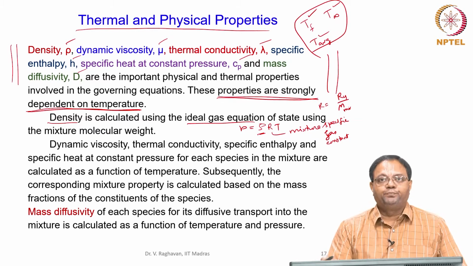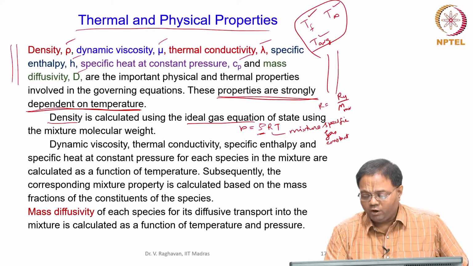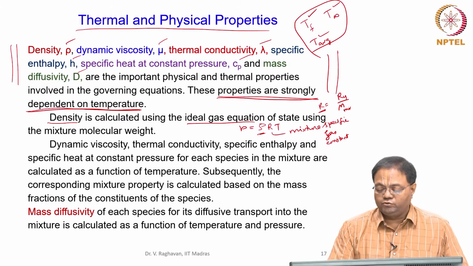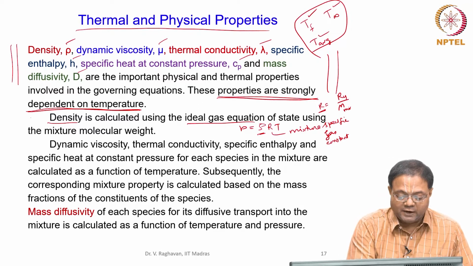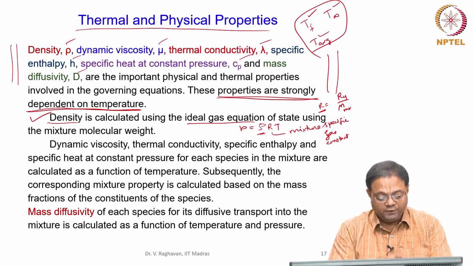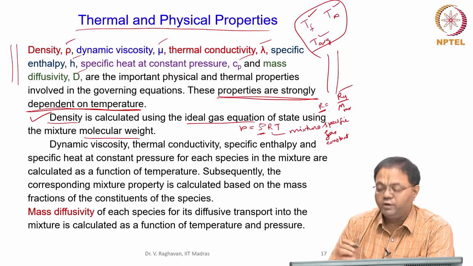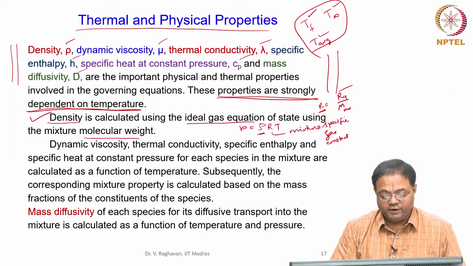So, you know the mixture's molecular weight. The universal gas constant divided by the molecular weight of the mixture will give you the specific gas constant of the mixture. So, you can use that and calculate the density rho. Okay, so, the ideal gas equation of state is used for that. The mixture molecular weight will give you the specific gas constant. So, that is what I have written here.